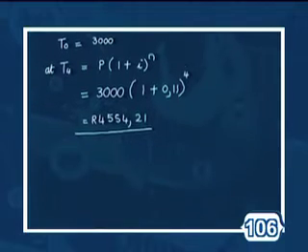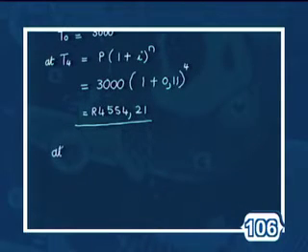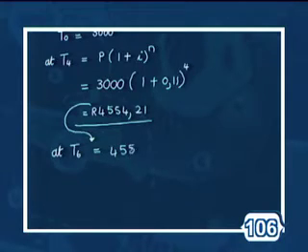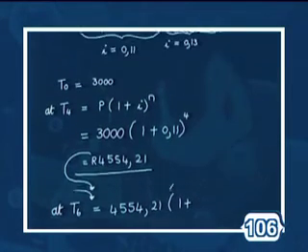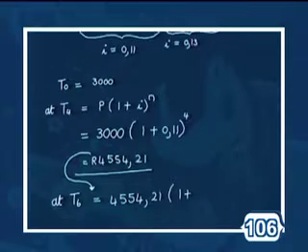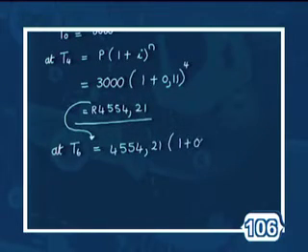So that means that if I now pull this money forward to the end of 6 years, I'm going to take this amount as being my initial investment, which is going to be 4554.21. And remember that the interest rate changed, so now I can't use the 0,11. I'm going to use the 0,13, and this is going to be for a further 2 years.